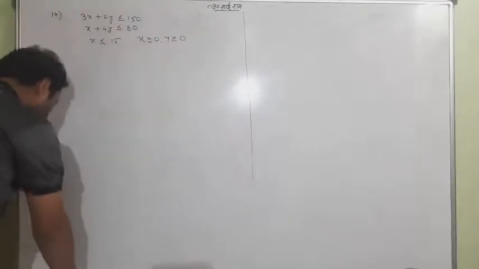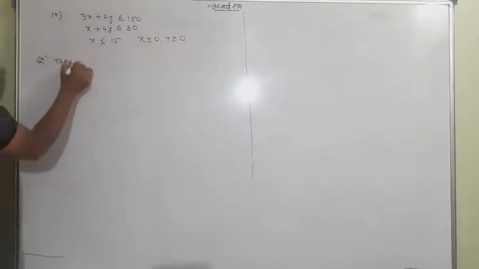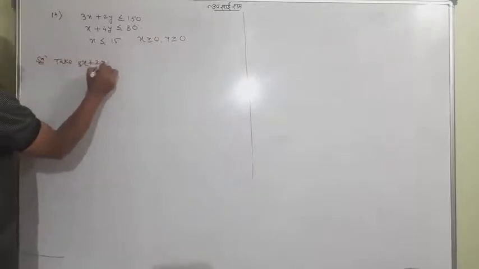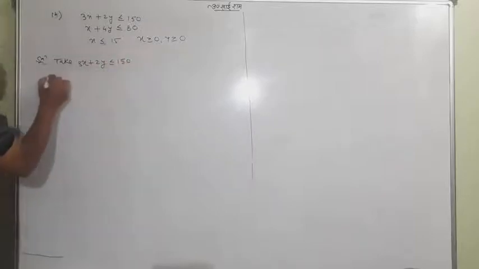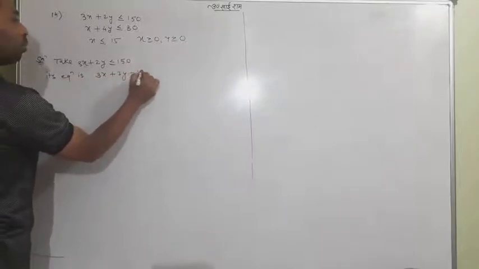So I'll make it short now. Solution: I start with 3x plus 2y less than 150. Its equation is 3x plus 2y equal to 150.